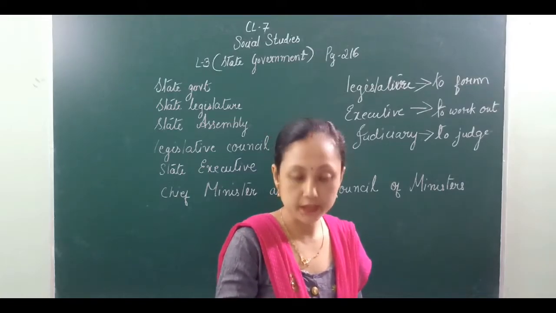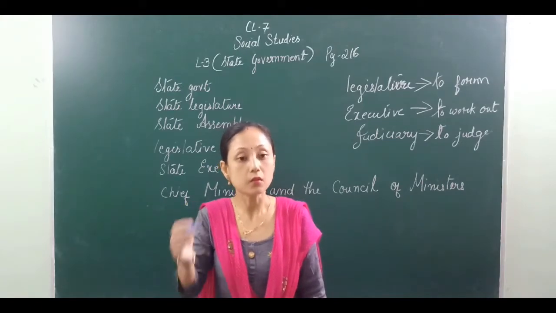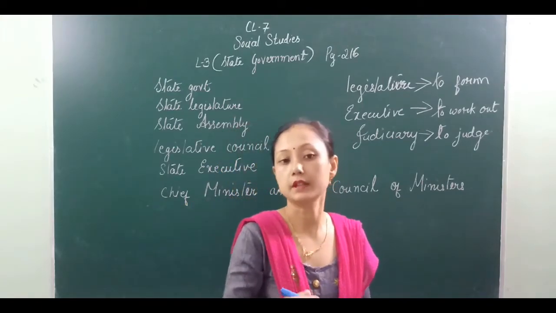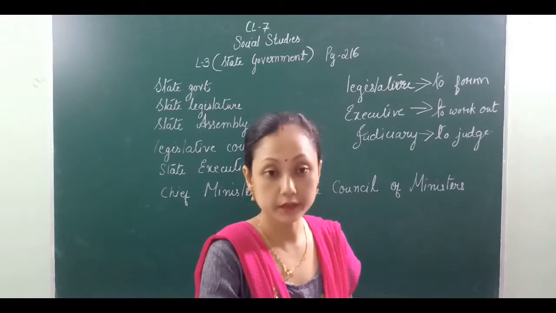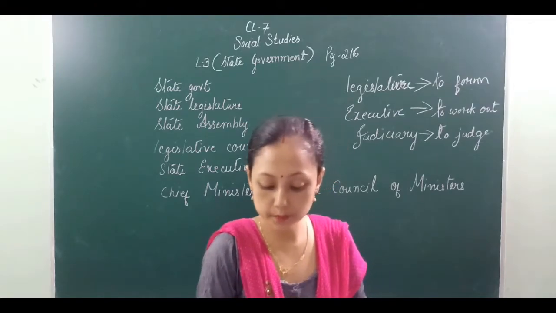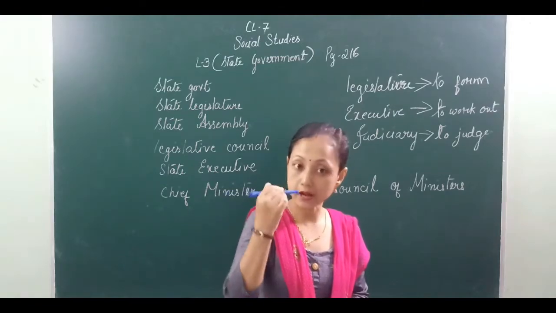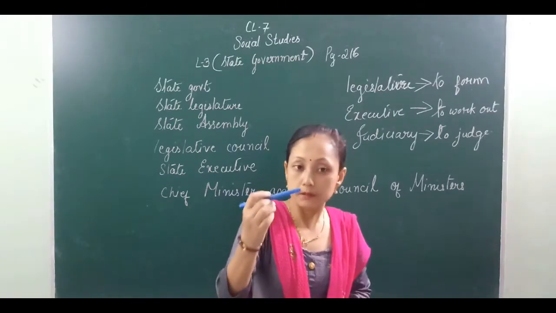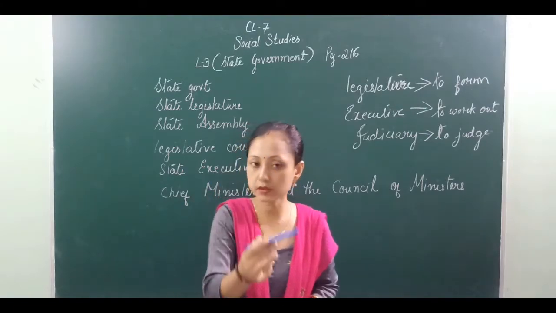Executive power means he has to see to the chief minister working within the state. His work is to look after the state under the banner of the chief minister. Discretionary power means if any kind of emergency situation arises within a state, this governor can take a quick decision, just like the president in the central government.